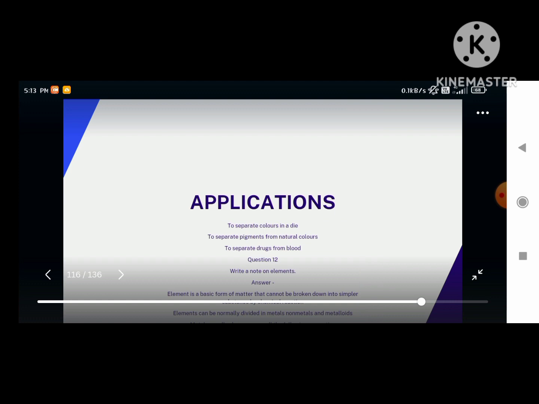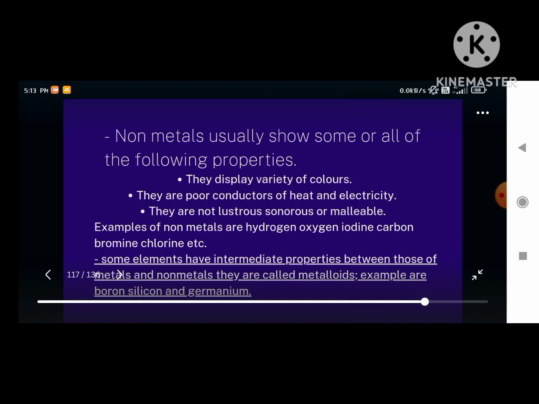Write a note on elements. An element is a basic form of matter that cannot be broken down into simpler substances by chemical methods. Elements can normally be divided into metals and non-metals. Non-metals usually show some or all of these properties: they display a variety of colors, they are poor conductors of heat and electricity, and they are not lustrous, sonorous or malleable.